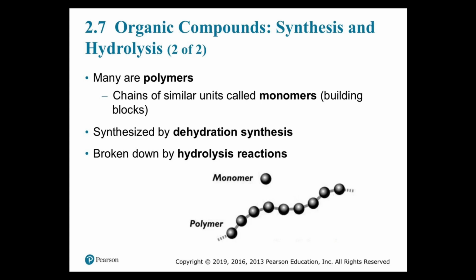And these can be synthesized by dehydration reactions or synthesis, and they are broken down by hydrolysis reactions. If you look at the little picture there, you have the large polymer, and it's made up of little subunits called monomers. So if the large polymer were a protein, the little subunits would be the amino acids.